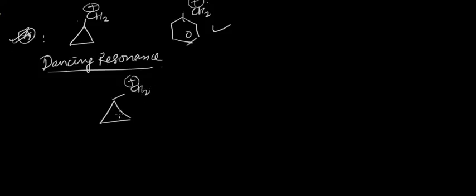So this bond between this carbon atom and this carbon atom is broken and is given to satisfy the positive carbon atom or carbocation. So what happens is we get something like this.